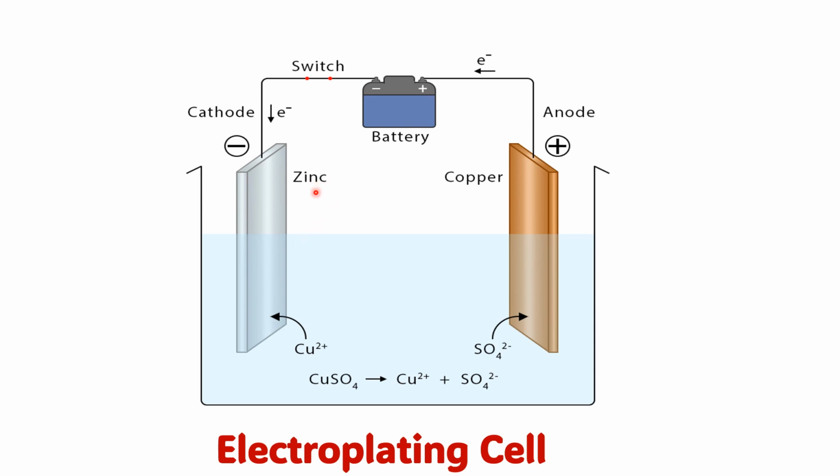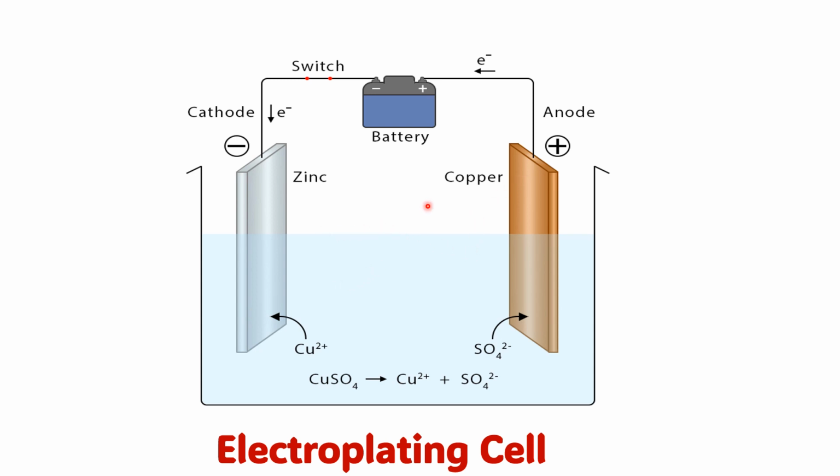So in order to deposit copper on a zinc plate, the electroplating cell will be composed of a plate of zinc as well as a plate of copper. Dear student, please keep in mind, it is not possible to take copper directly and deposit it on the surface of zinc because they are stable in metal form in a solution.